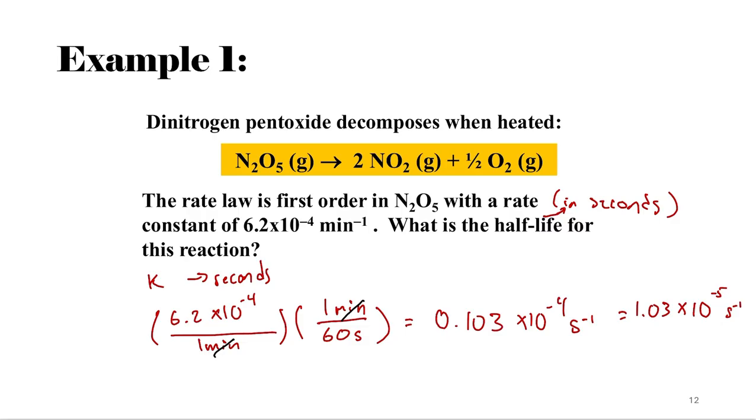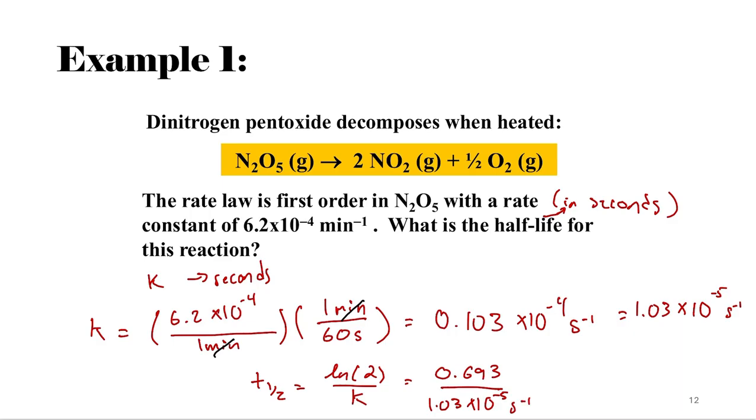All right, what was the equation for the half-life for a first order reaction? Yep, it's t 1/2 equals ln 2 over k, right? And so this is k, so we just plug this into our calculator. Natural log of 2 is equal to 0.693 over 1.03 times 10 to the minus 5.